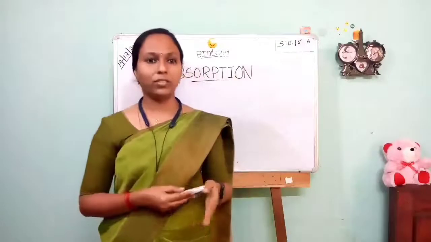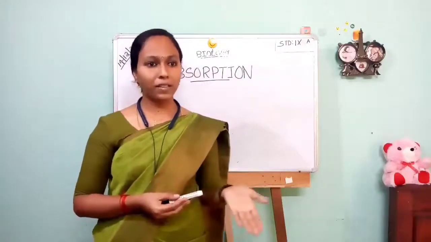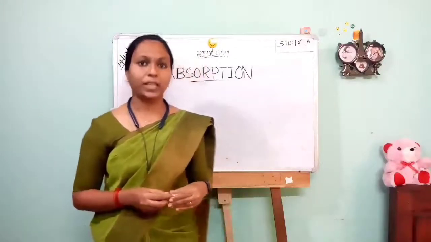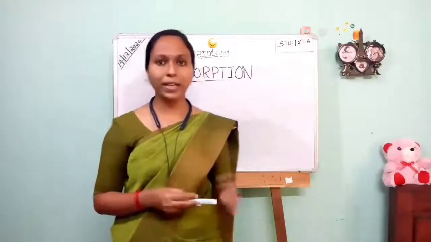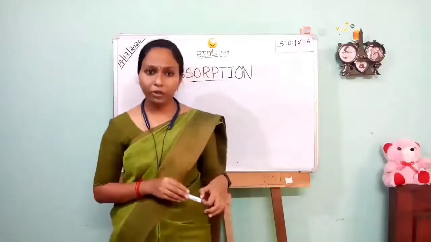Okay, very good. From group 1, stand up and read the answer. What is diffusion? It is a movement of molecule from a region of higher concentration to a region of lower concentration. What is next question? What is facilitated diffusion?